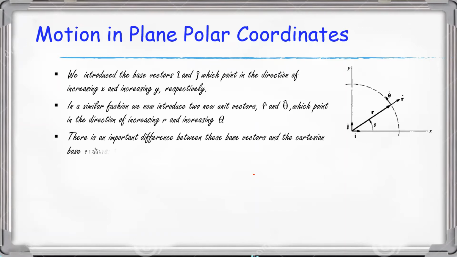So there is an important difference between these base vectors. That is, the directions of r and theta vary with position, but i and j have fixed directions.